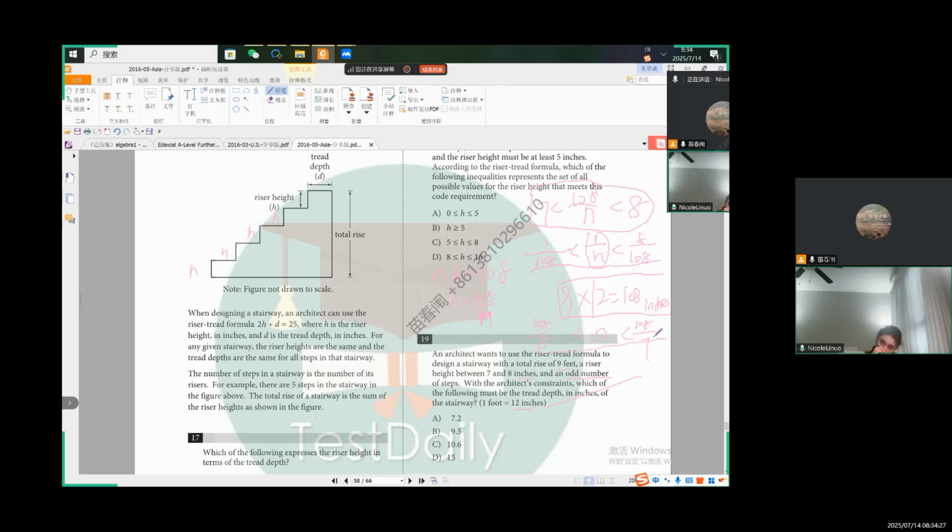Yeah. And because of this, I can find n directly, and then I can find h, and then I can find d. And what they do is not approximation. So you have to find a specific value for that. Not a range kind of question. Also, with the question, you say with the architect's constraints, which of the following must be the thread.